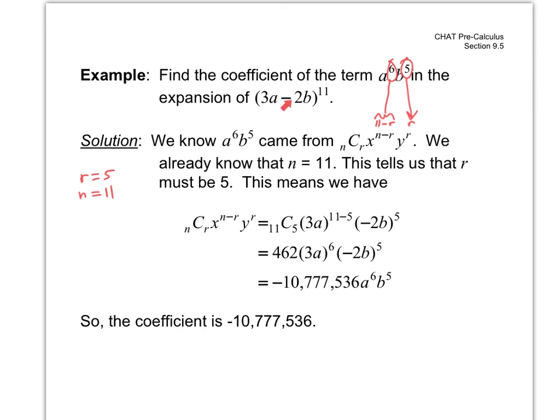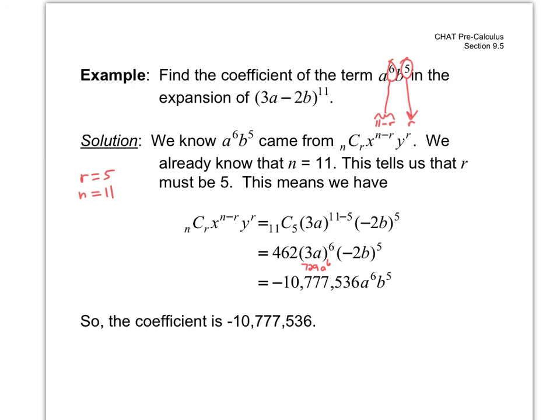And again, this is a minus 2b, so this is a minus 2b instead of a y. So when I calculate this using my calculator, I get 462. And then I've got 3 to the 6th, which is 729. So this is 729a to the 6th.